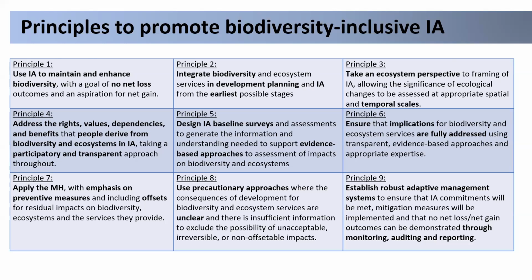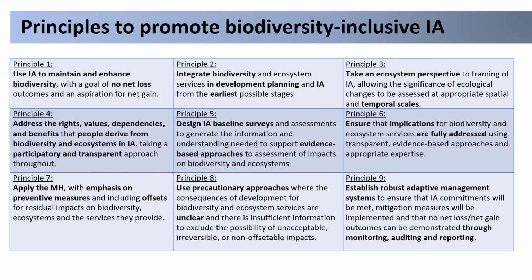Then you have to design the impact assessment baseline survey. It has to be evidence-based and done really, really in advance. Ensure that implications for biodiversity and ecosystems are fully addressed, and apply the mitigation hierarchy where needed. Use a precautionary approach where you don't have sufficient data.